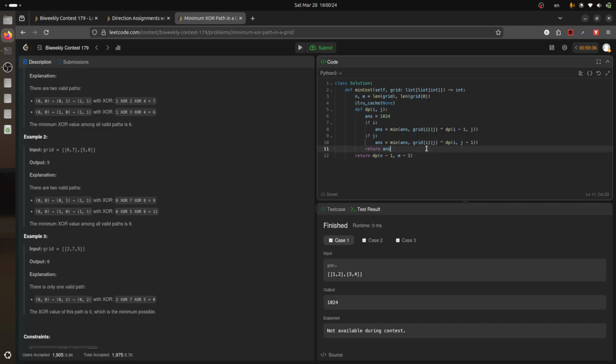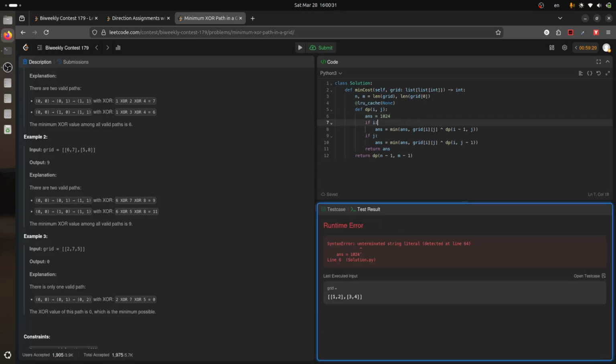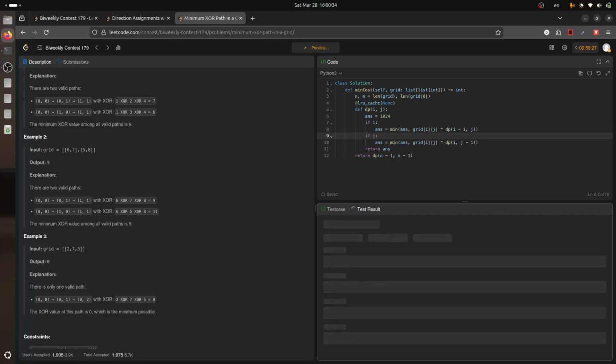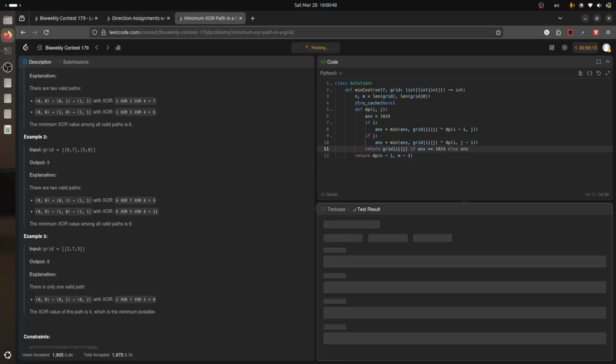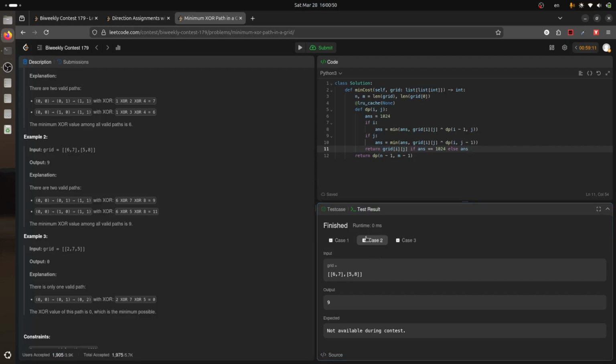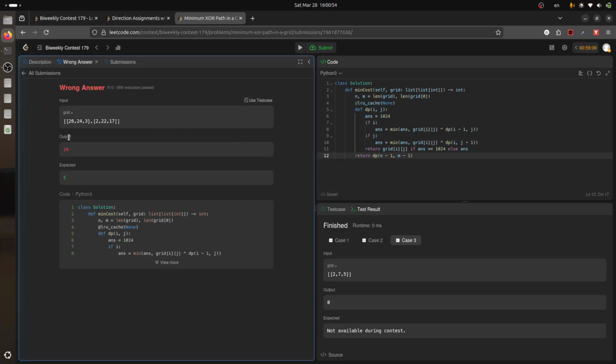Ooh, wow. Yeah, but that's kind of tough. I mean, 1000. Wait, so we return grid[i][j] if ans else ans. Submit. Is it really that easy? No, as expected. Amazing.